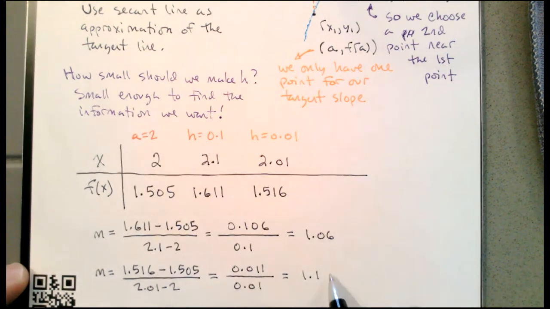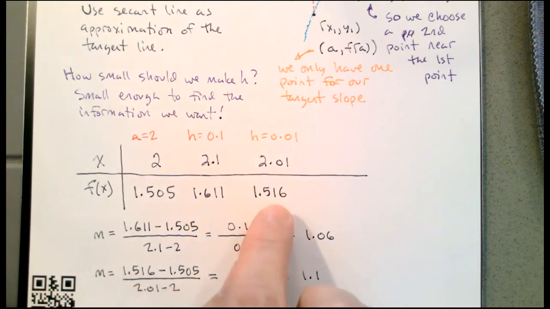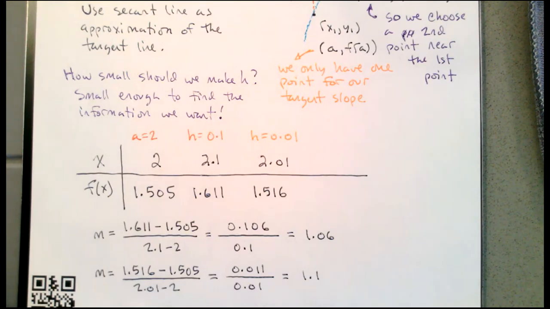That's as many figures as I get. Notice that we're looking at the difference between 1.516 and 1.505, and this has been rounded off. So at 0.01, we might have to use more decimal places.